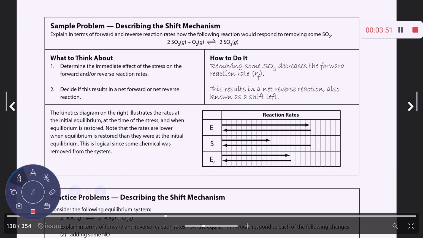Okay, in this example, we're going to remove something. So here we're going to remove some SO2. SO2 is a reactant. Initially, your forward rate and your reverse rate are the same. Anytime you remove something, look at where it is, if it's a reactant or a product. If you are removing reactant, that means the forward rate will drop.